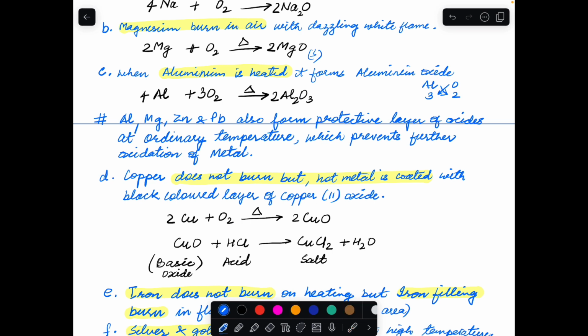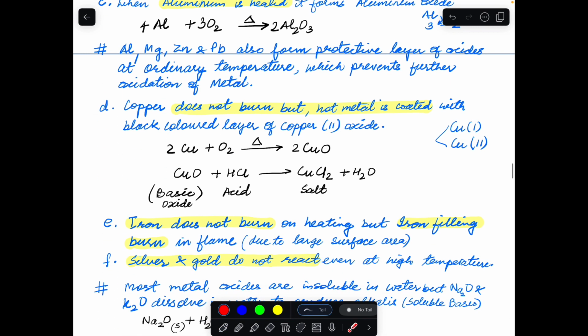The first valency is 1, that is copper(I) oxide, for example, and the second is copper(II) oxide. So in Roman numerals, whatever number is written is the valency of that element. Copper exists in 2 valencies because it is a heavy metal, and most heavy metals or transition metals show more than 1 valency, like iron also.